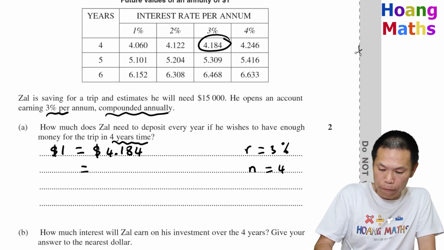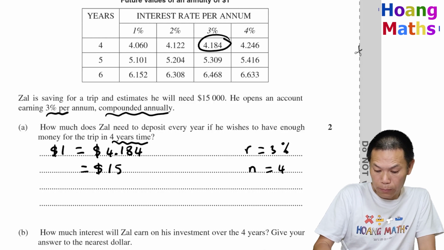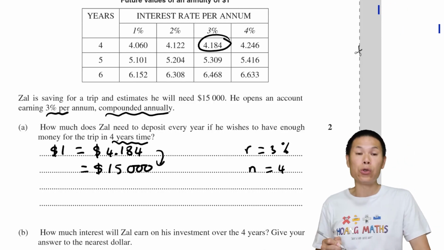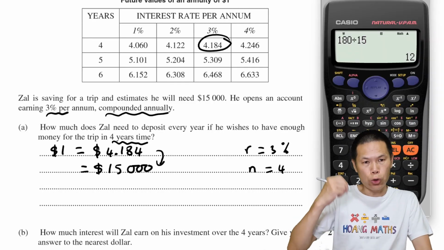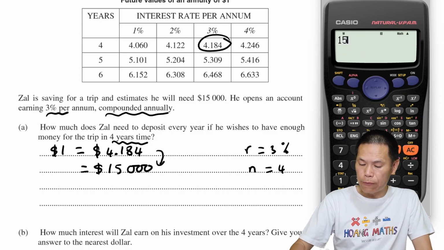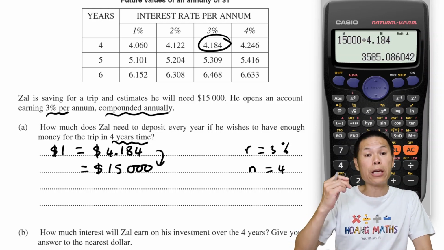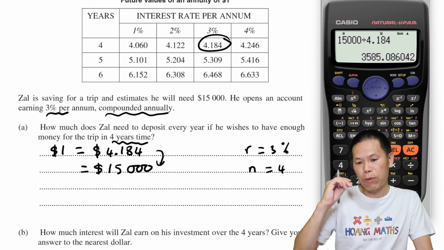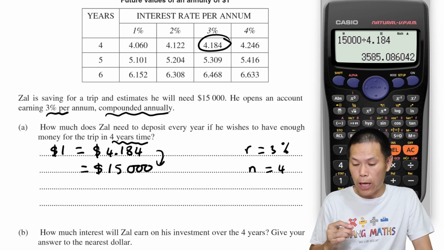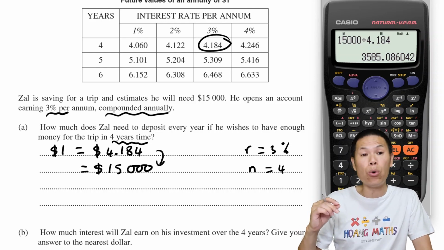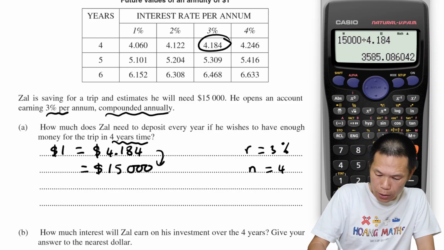And then he needs to have $15,000 at the end of 4 years. So we just need to work out from here to here how many times. So I just go 15000 divided by 4.184. Because we're dealing with money, it has to be 2 decimal places. So that is 3585.09.